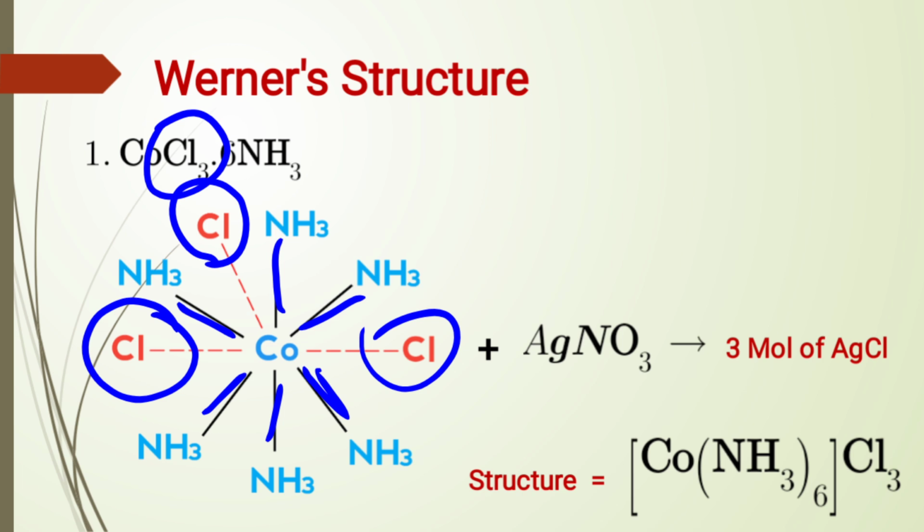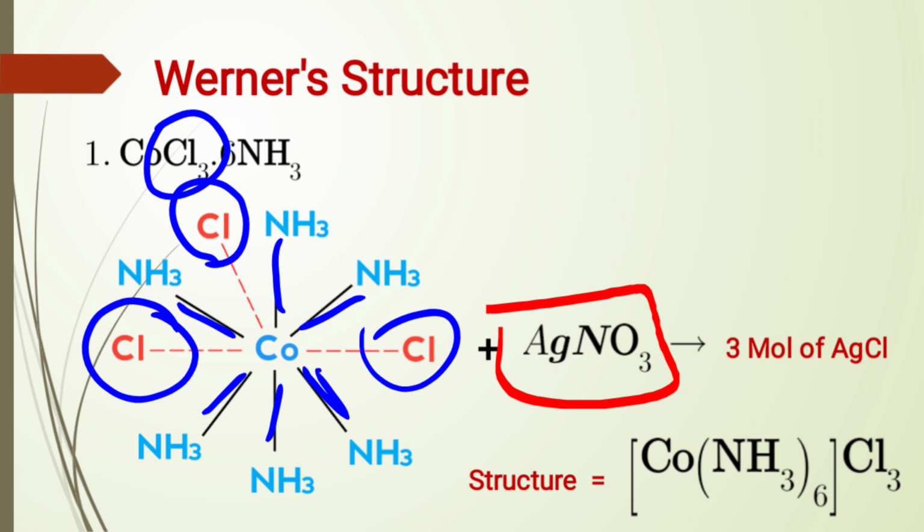So then the second thing to do is to identify which among these will go into solution. The easiest way to do so is to react it with silver nitrate. After reacting this with silver nitrate, 3 moles of silver chloride will form. Why?